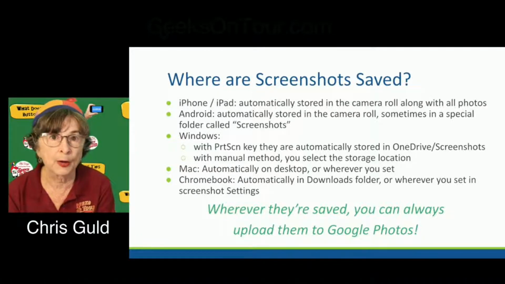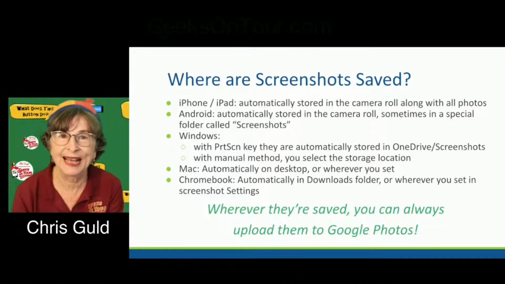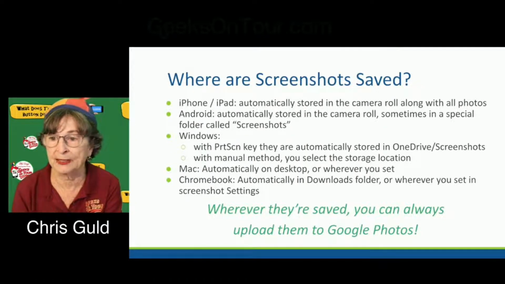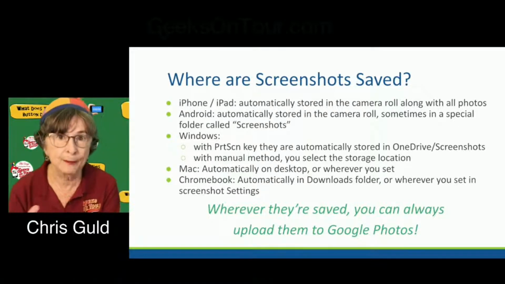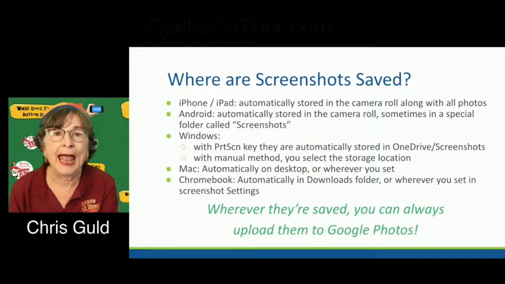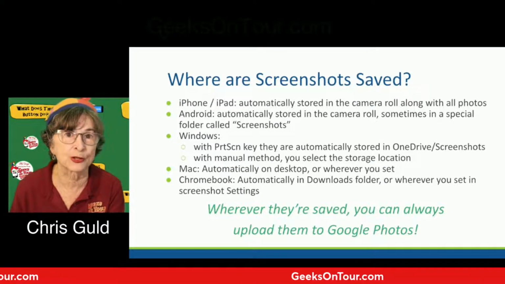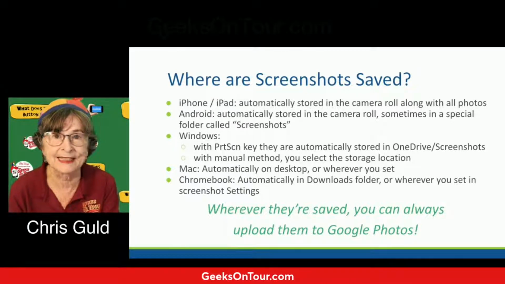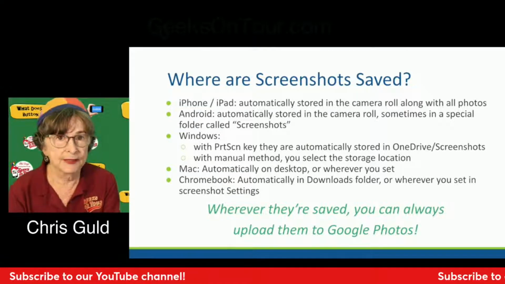On Windows, if you use the PrtScn key, by default, they're automatically stored in your OneDrive screenshots folder, but you can change that. And if you use the manual method, like was demonstrated in that first quick tip video, you can select wherever you want it to be put. Same thing on a Mac.